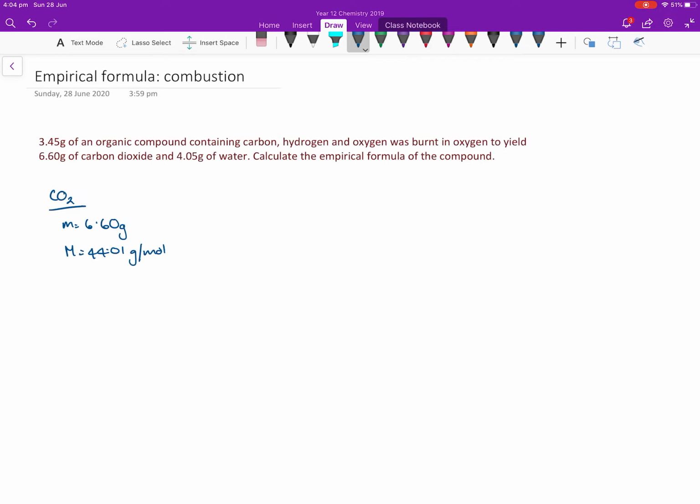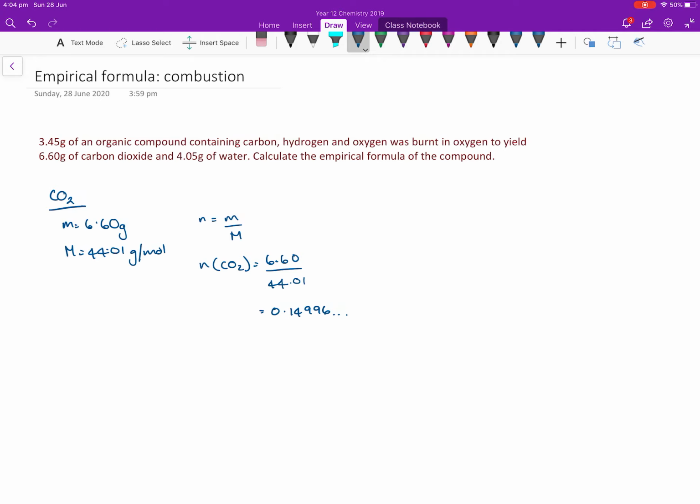And from that, we can work out our moles. So n equals little m on big M. So our moles of carbon dioxide will be 6.60 divided by 44.01. Work that one out. 6.6 divided by 44.01 gives us 0.14996, etc.